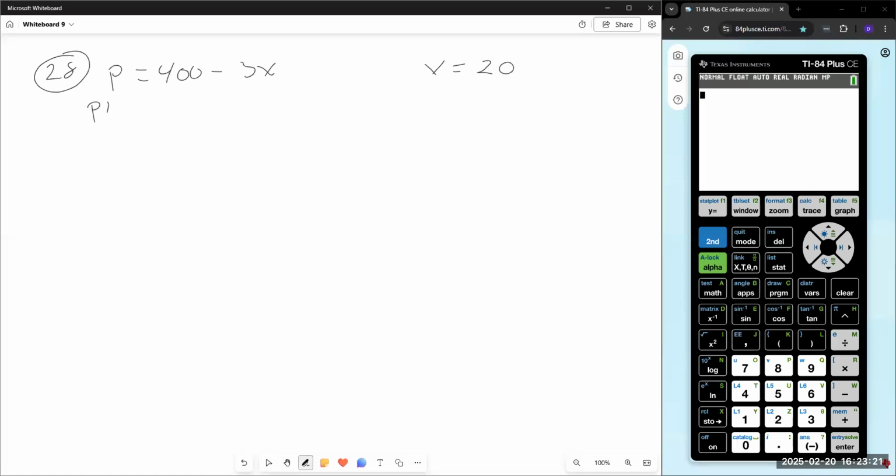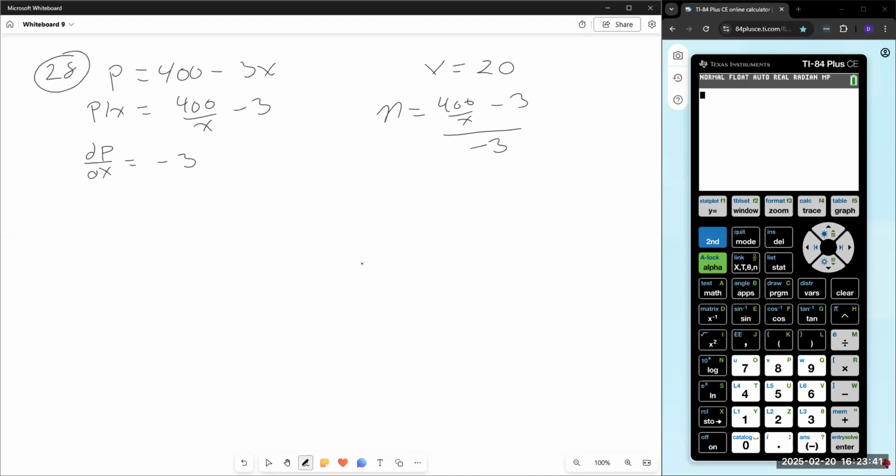So P over x is 400 over x minus 3, and dP dx is -3. So eta is equal to 400 over x minus 3 over -3.